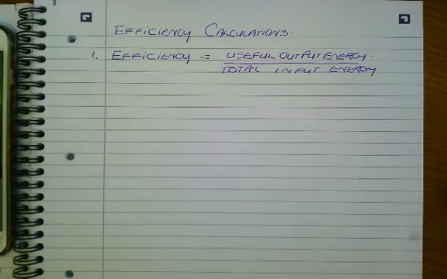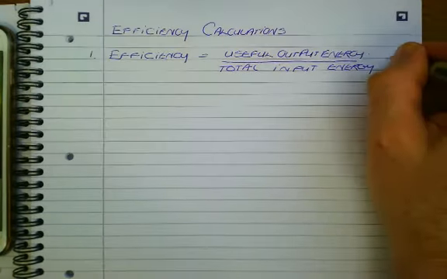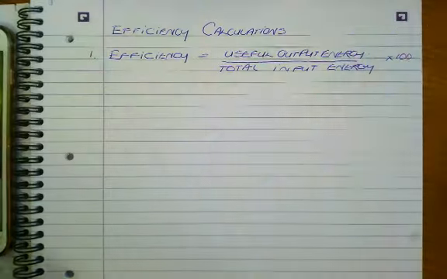That gives you the efficiency. You may be asked to express it as a percentage. If that's the case, you would just multiply by 100 to give it as a percentage.